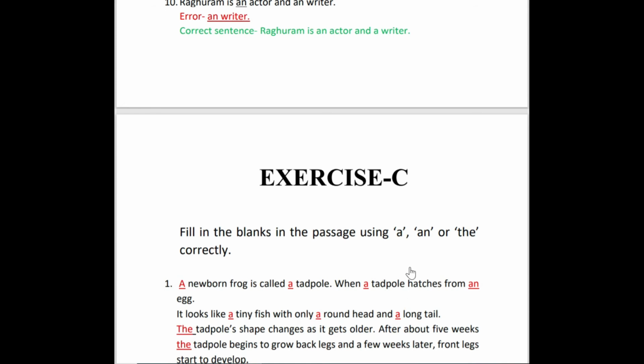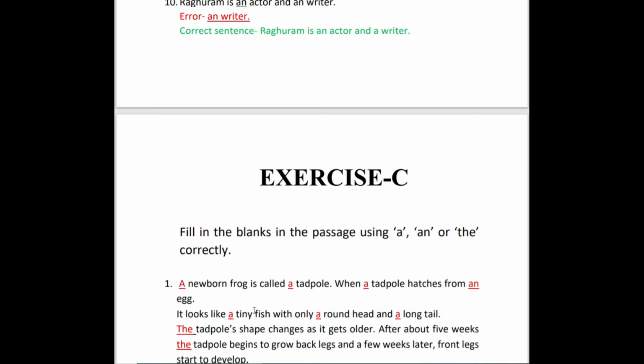So please be in touch with all the rules, lessons and instructions that have been given to you. Here exercise C says: fill in the blanks in the passage using a, an, or the.